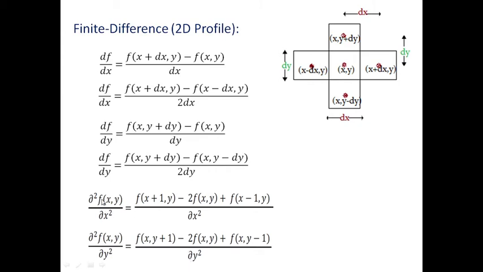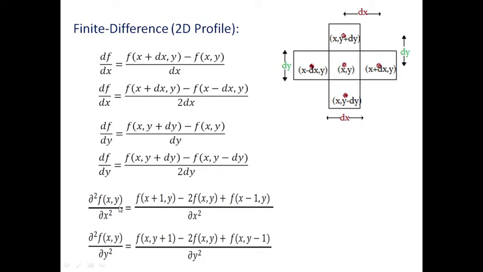So finally dou square f by dou x square can be written as the forward difference. If I consider dx, the separation between any two pixels, as unit distance, just replace dx with 1 and dy also with 1. Now f of x plus 1 comma y minus 2 f of x comma y plus f of x minus 1 comma y, by dx square.